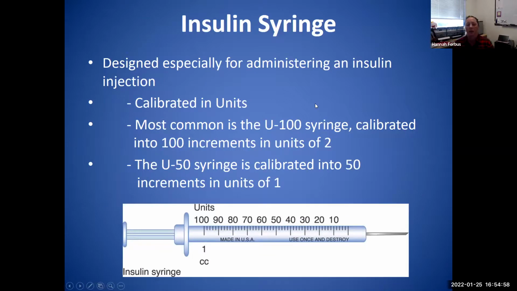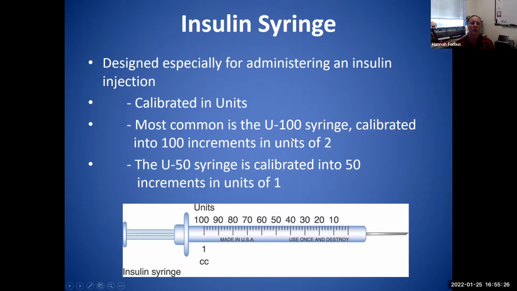We also have insulin syringes in the lab, and your very first injection, you're going to be injecting yourself subcutaneously in the abdomen with an insulin syringe, just like diabetics do every day. But insulin syringes are calibrated special. They are calibrated in units, which is different than a milliliter or a cc.